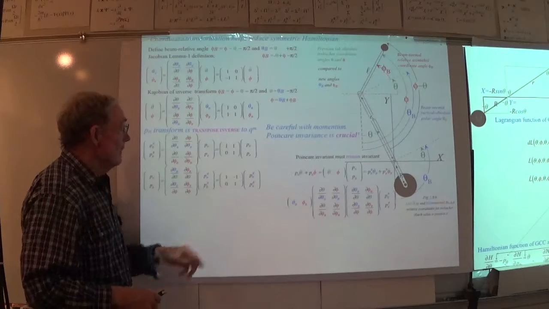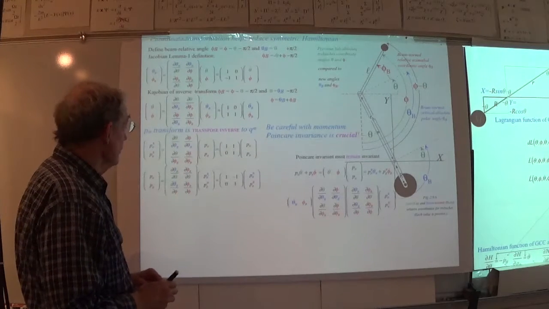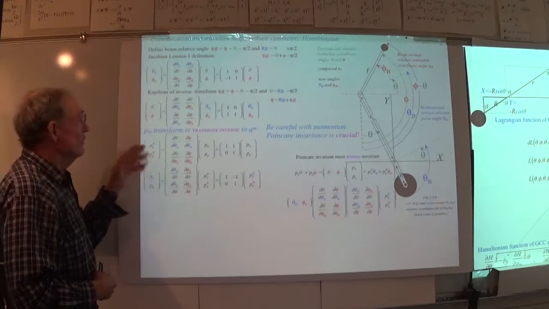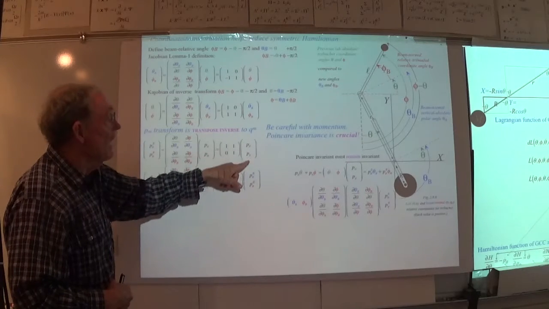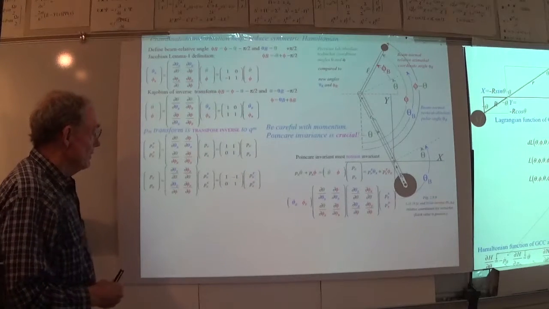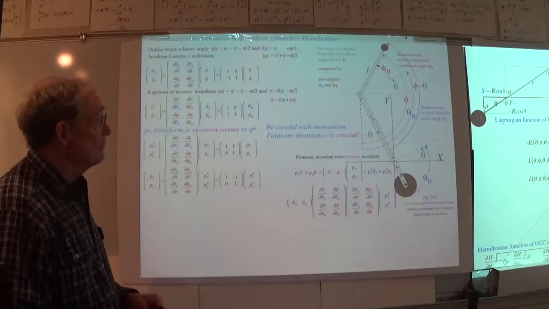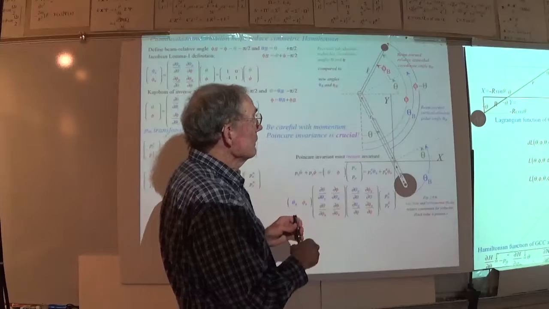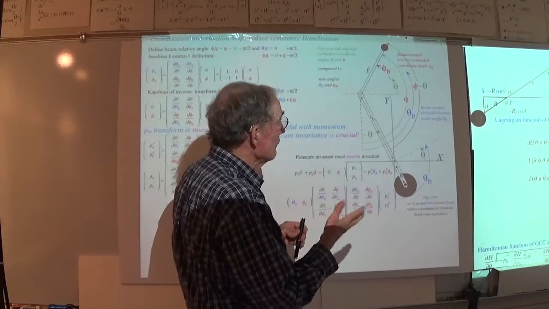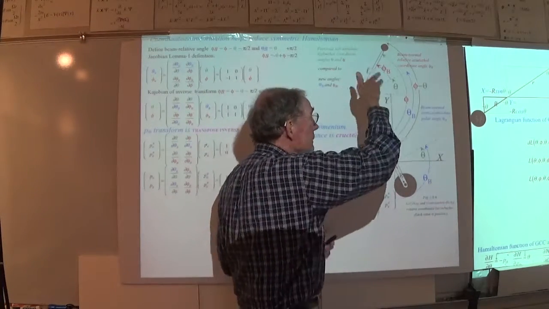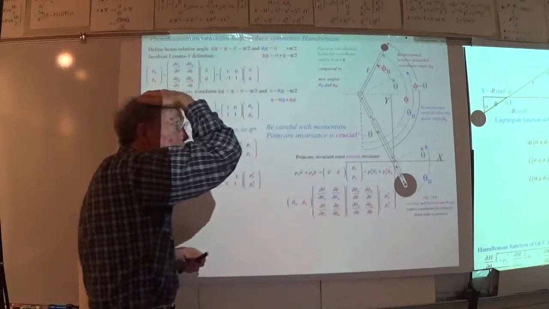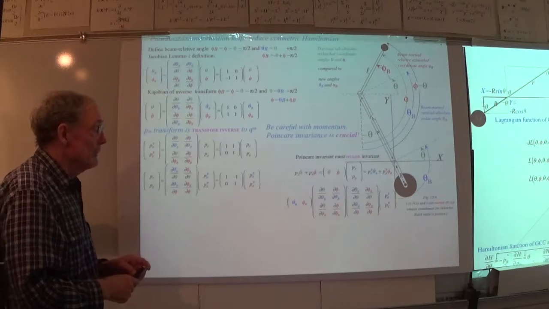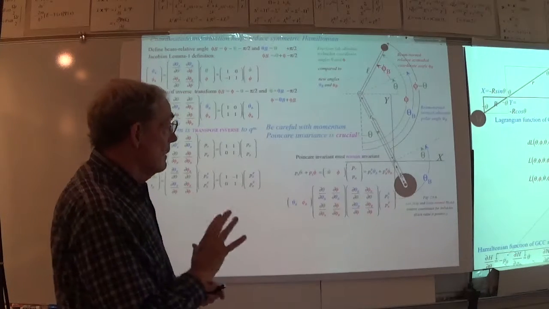That's what gives us a transformation for the beam relative momenta to the lab-based momentum. Now the real reason for doing all this is I'm looking for ways to get an angular momentum out of this for the projectile that is, if there's no gravity, constant. That's what I'm looking for, the possibility of that thing being a constant of the motion.